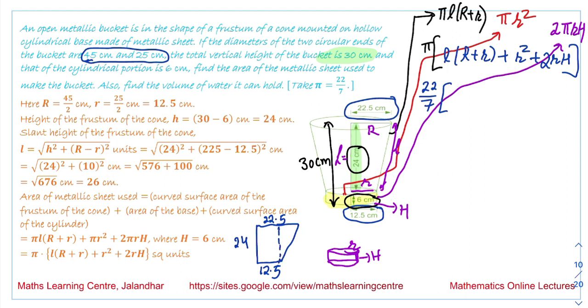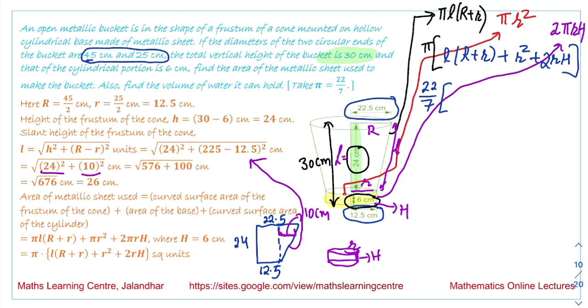If we draw the perpendicular over here, the remaining length is equal to 10 centimeter. We obtain L by the formula square root of h square plus (R minus r) square, that is 24 square plus 10 square.